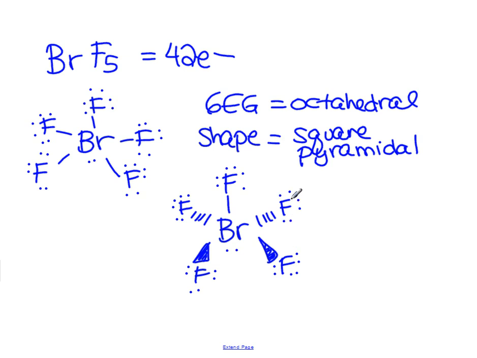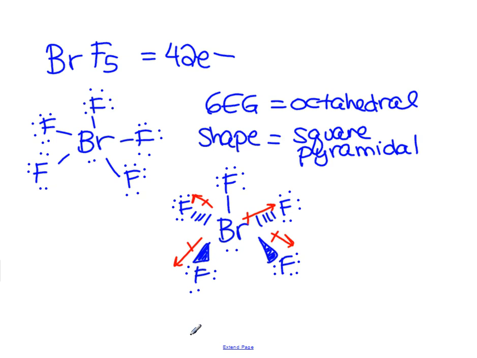Now we've got it all in. So again, remember we've got octahedral shape. These ones are around the equator. They're all 90 degrees to one another. So even though I'm not the best artist, these two fluorines are in a straight line. Those two dipoles will cancel. These two, again, are in a straight line, equal and opposite dipoles.